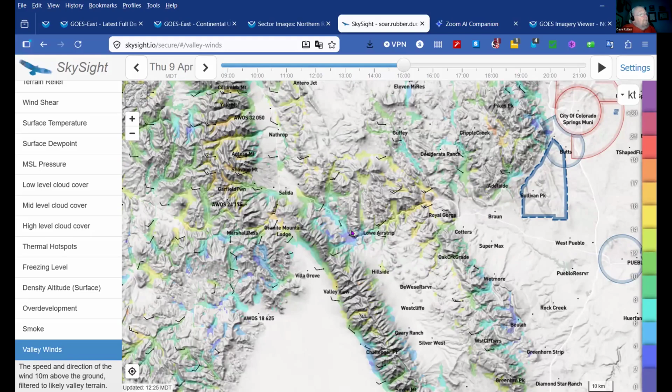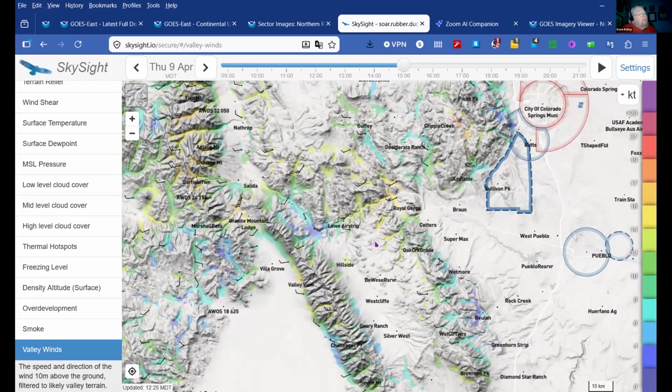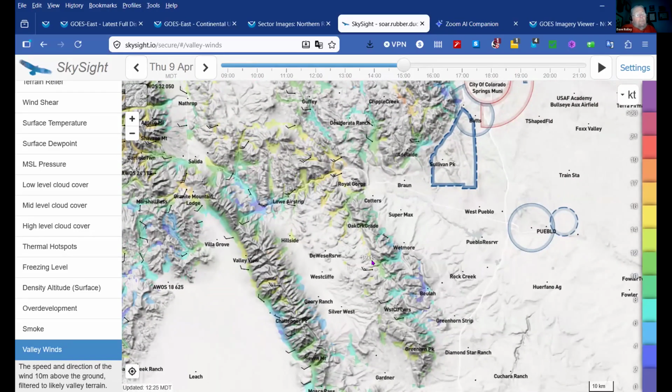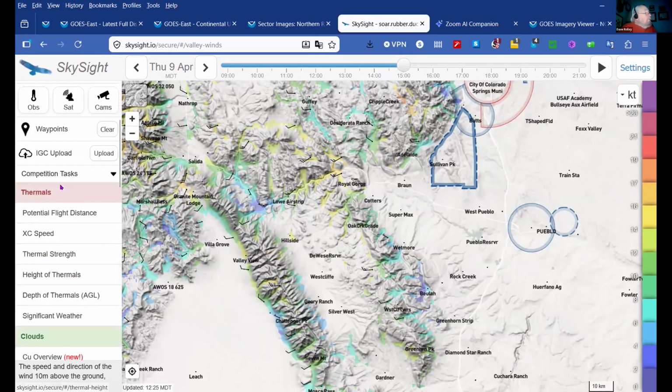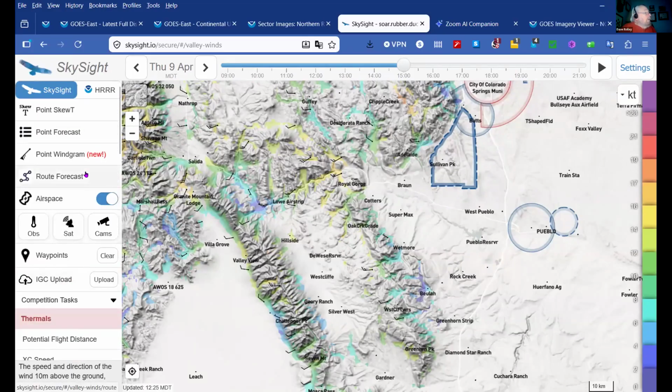So this might be a case where you might be willing to go into the valley, but this indicates that's probably not a good place to be. And that's just as much a part of your planning as anything.